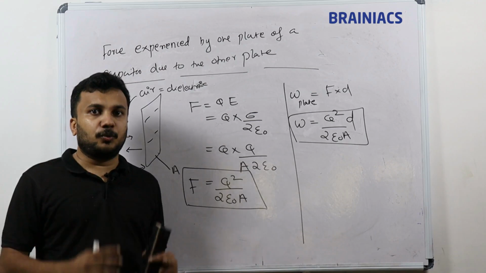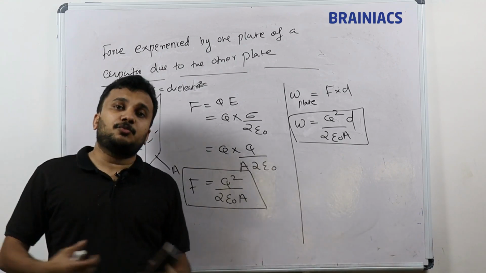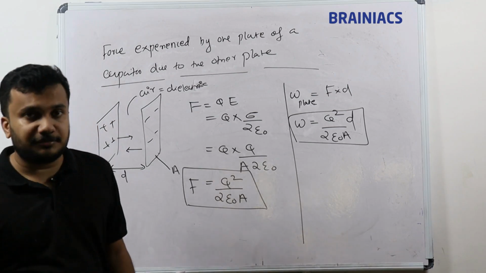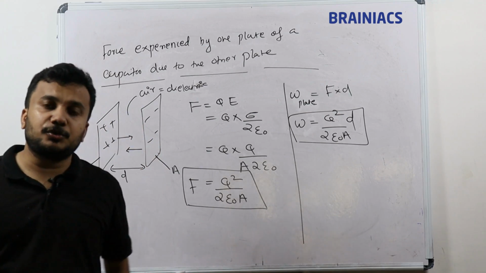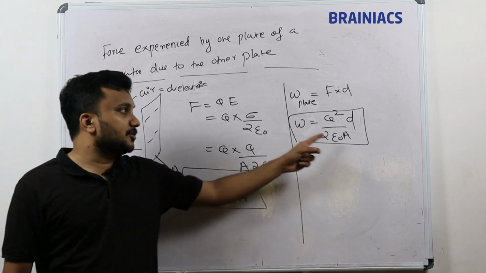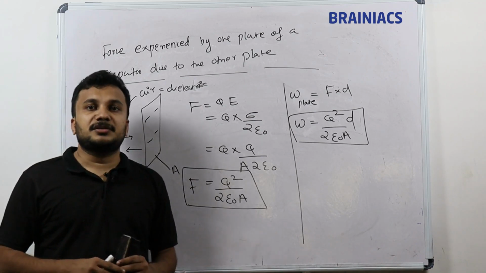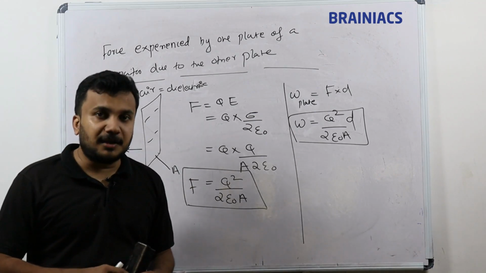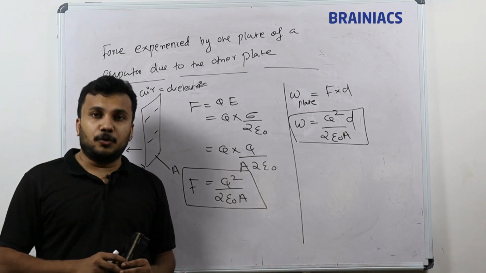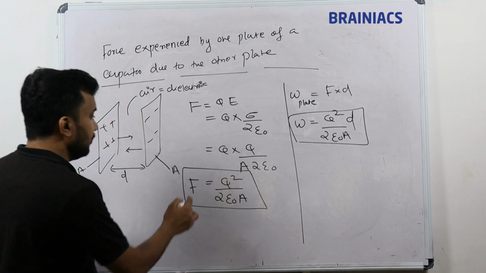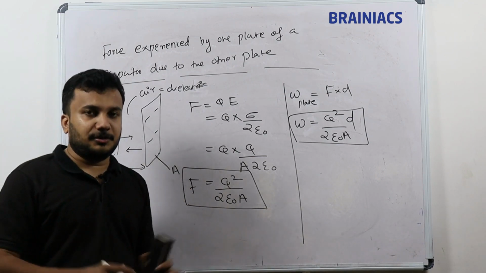If I want to move one plate towards another plate or away from it by a distance of D meter, then I have to do work equal to Q square divided by 2 epsilon 0 A into D. So this is the formula for force and work done. The force formula is important. Hope you got the point.